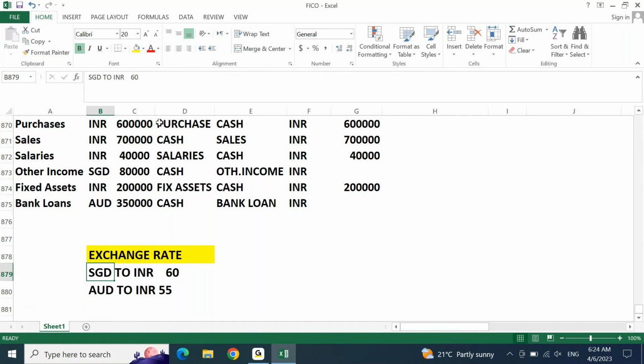If I know Singapore dollar to INR is 60, I have to update this in the system. To update this rate in the system, I have two rates: one is direct quotation, the other one is indirect quotation.